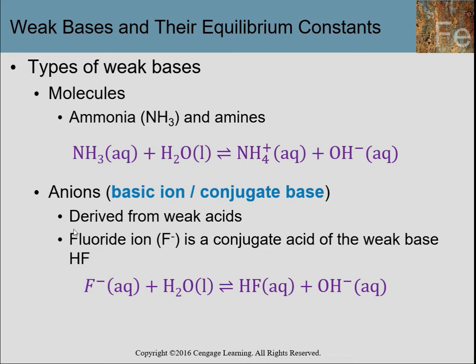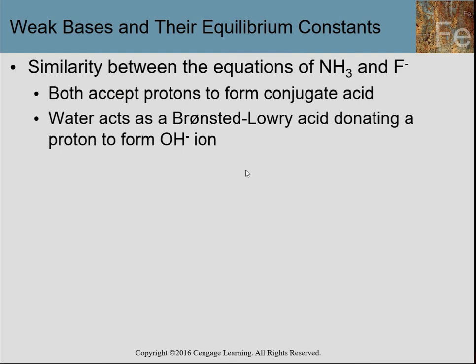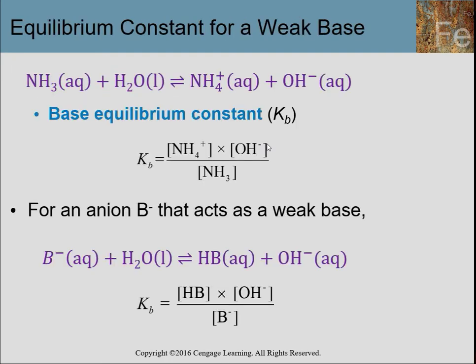And since it is weak, it's going to be a weak base. There's a strong similarity between ammonia and fluoride. They both accept protons, so they both act as Bronsted-Lowry bases, taking the proton to form the hydroxide. So very, very similar. We have a Kb here.